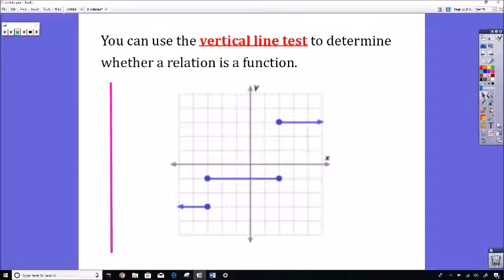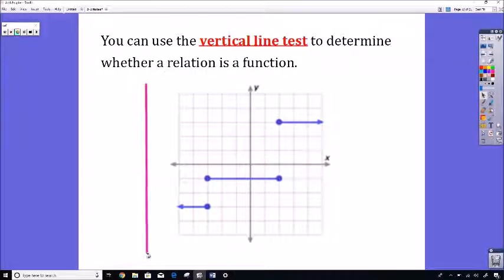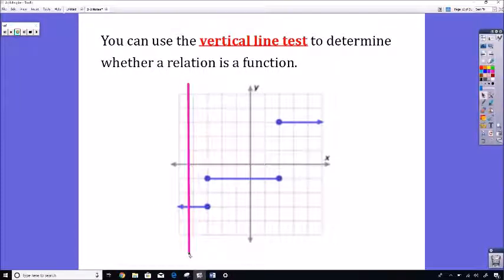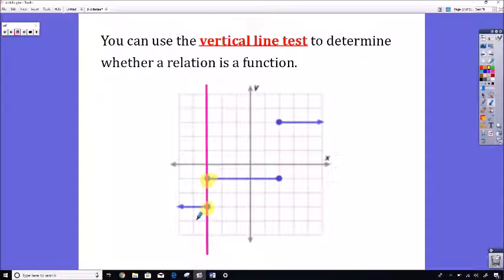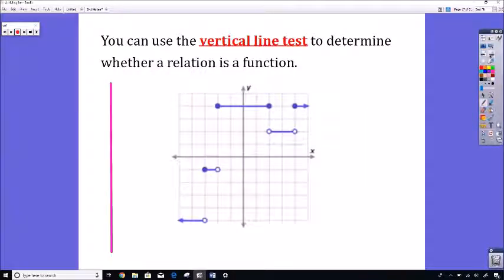Let's take a look at this graph right here. As we move the vertical line, okay, looks like that's going to be okay. But what about when we get here? Even though the graph isn't connected, notice there are 2 points where that vertical line touches it at the same time. Nope, not a function.